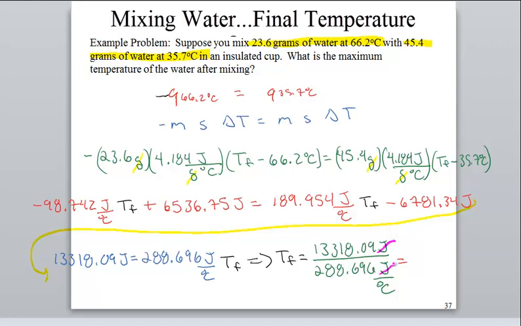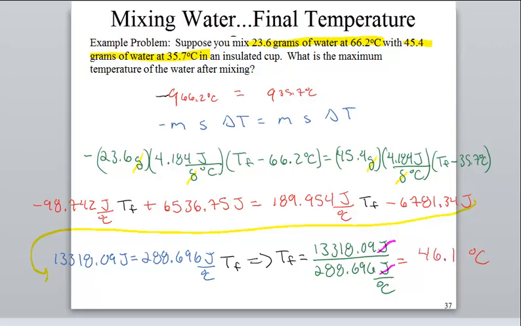Joules divided by joules cancels out, so we're left with only Celsius. We're going for temperature, so we probably did everything right because we just have a temperature unit, and it's in the denominator of the denominator, so it's in the numerator for our final answer. And after plugging that into our calculator, the final answer is 46.1.